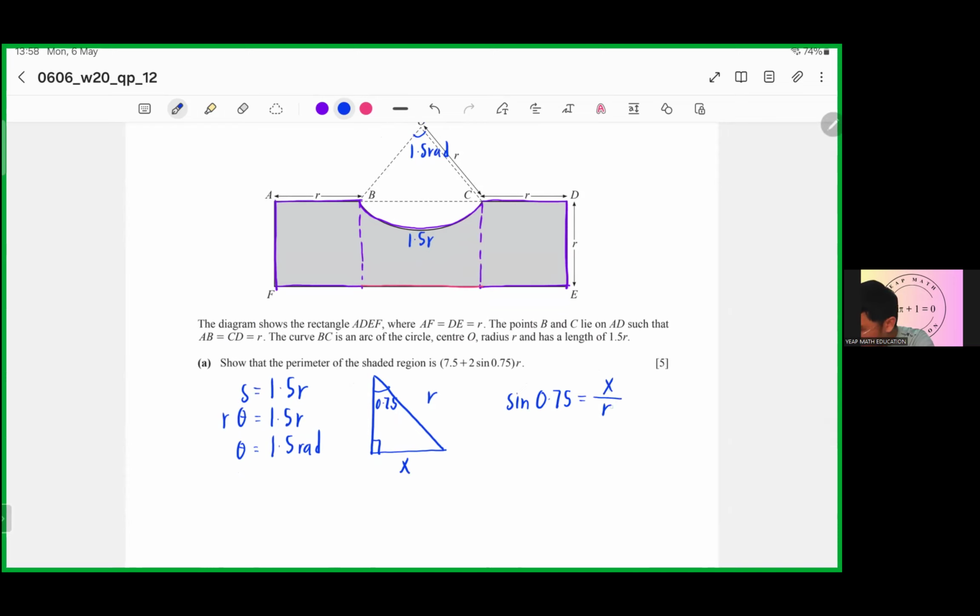X over R. So X equals R sine 0.75. And then BC equals 2 times R sine 0.75.